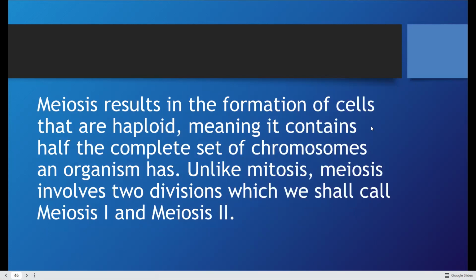Meiosis results in the formation of cells that are haploid. Haploid means half the number of chromosomes. Like for example, in humans, how many chromosomes do we have? Anybody? Are you still with me?